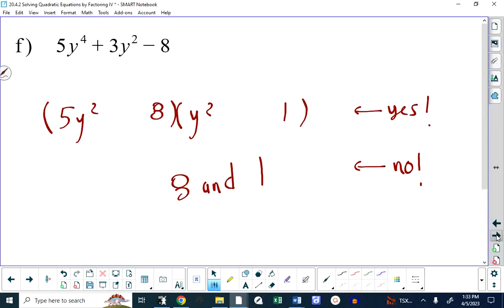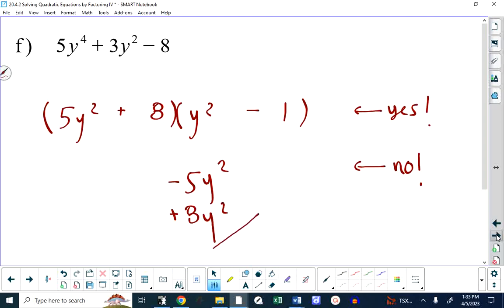If I make this negative 1 and positive 8, what do I get for my inner and outer? My outer is negative 5y squared. My inner is positive 8y squared. That pleases me because I want positive 3y squared.